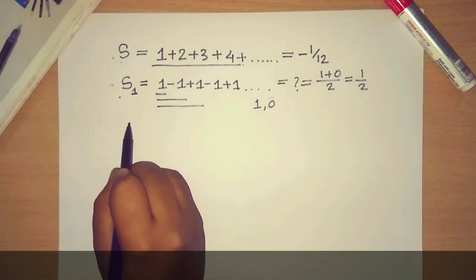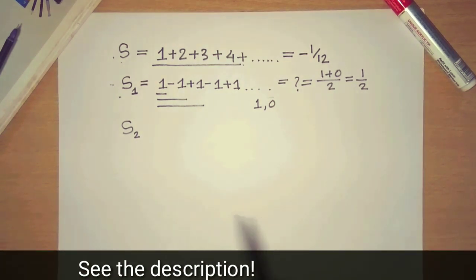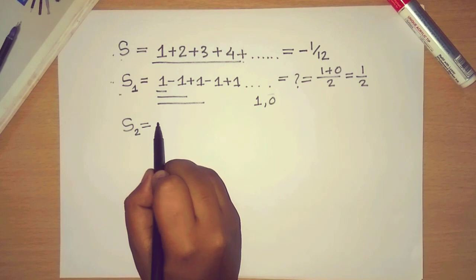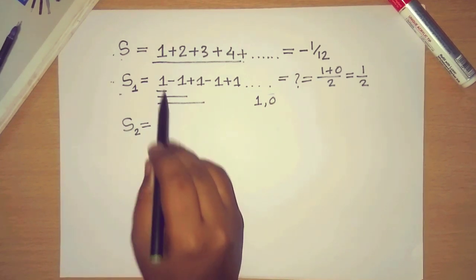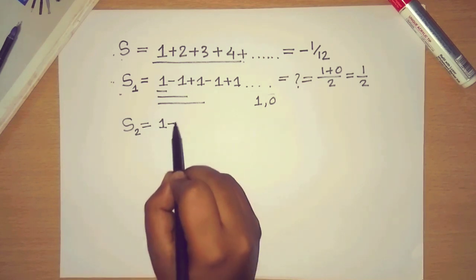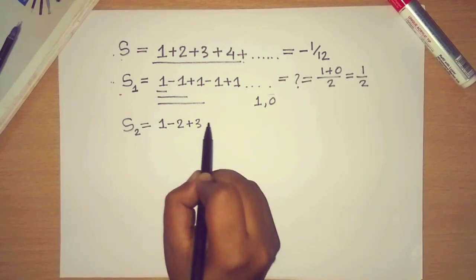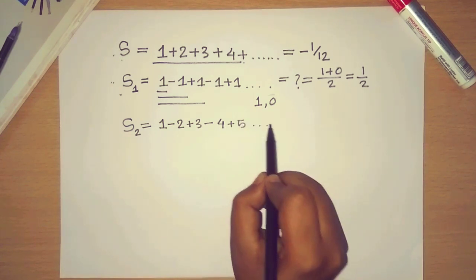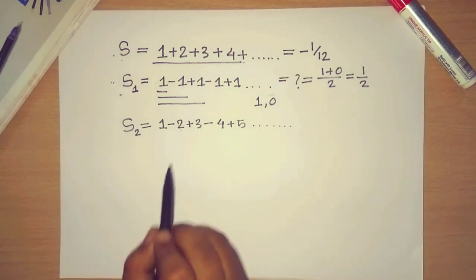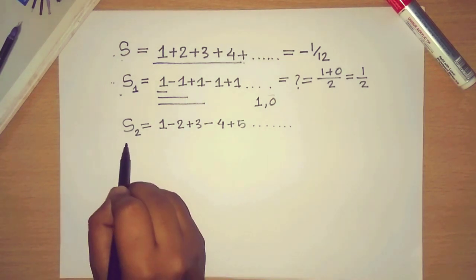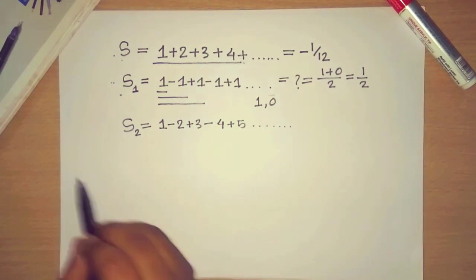Now again let's take s2, that is also a sum of a few numbers, and it's a bit different from the previous one. Here we have 1 minus 2 plus 3 minus 4 plus 5, and it goes on. Now what will be the value for this? We have to do a bit of maths here, not that tough.